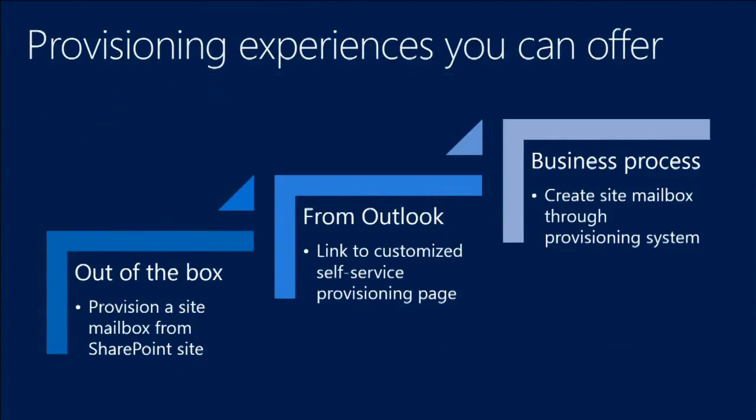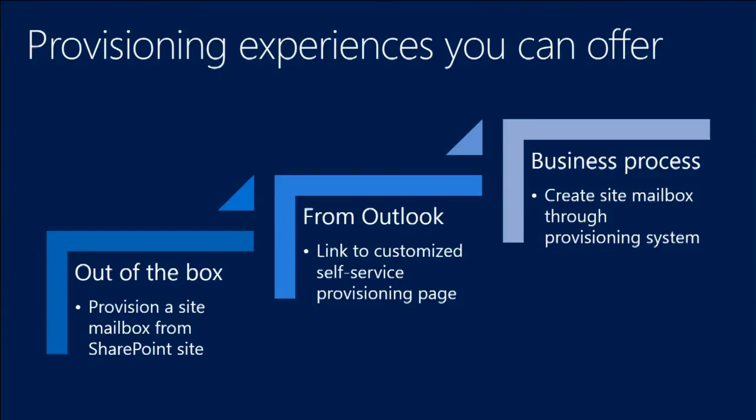So I'll show all of these because we just talked about them, but these are kind of the levels of provisioning experiences that you can offer. Out of the box, users simply have to create a site, add the site mailbox app, and run it. The second option you see is that you can enable creation from Outlook so that they don't even have to leave their Outlook experience. They can use that menu item to get to the site creation UI directly from Outlook.